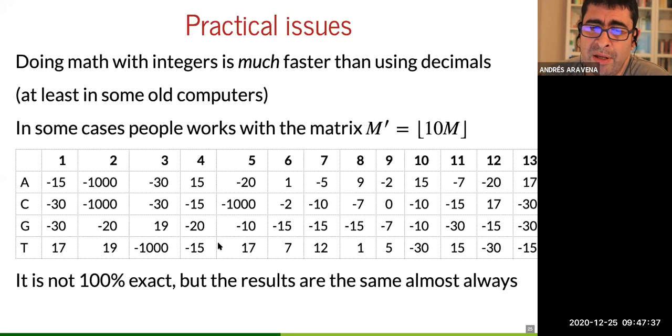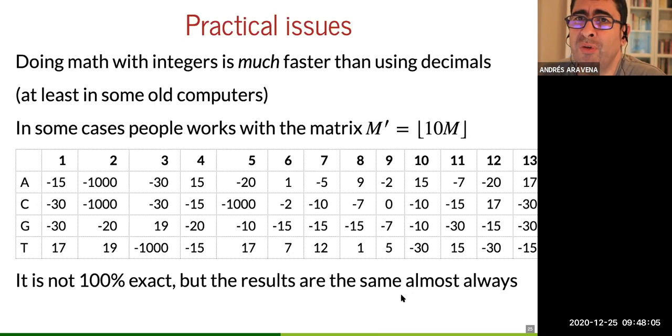And the result is not necessarily 100% exact, but almost always the same. So you really have to be very unlucky to have a case where the result is not the same. And the good ones are going to be good and the bad are going to be bad anyway. And in fact, this rounding error is less important than all the hypotheses that we made before. We make a lot of hypotheses.